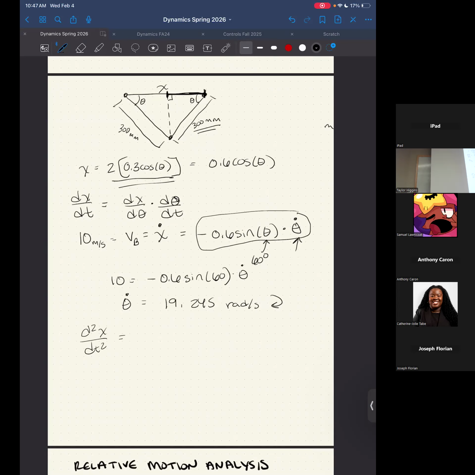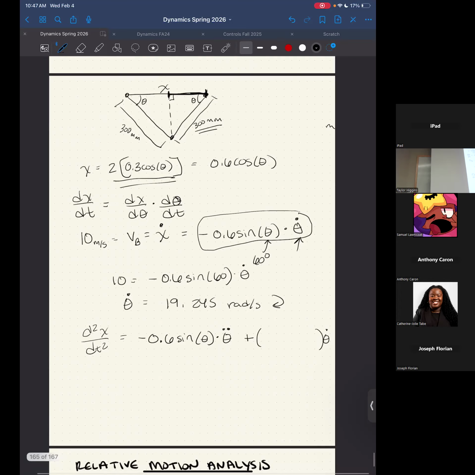So I'm going to have to do the first times the derivative of the second plus the second times the derivative of the first. The derivative of the first is another chain rule. The derivative of the outside, the derivative of sine, should be cosine. So minus 0.6 cosine theta times theta dot.